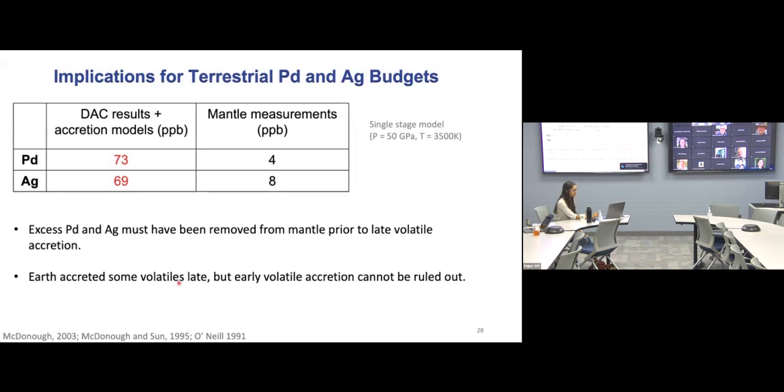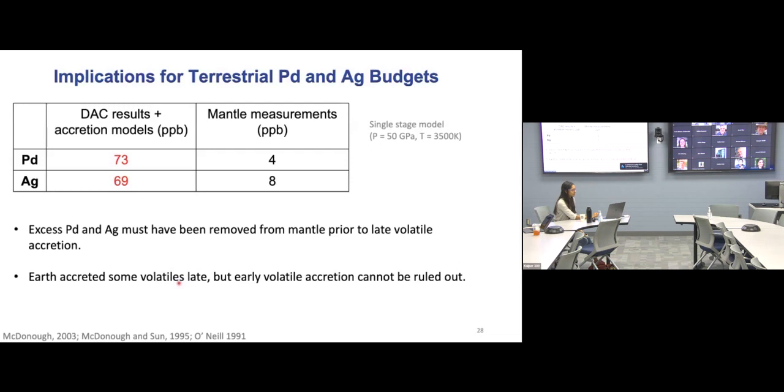But one thing that we cannot rule out at the moment is homogeneous accretion. There could have been silver and other volatiles delivered earlier in the mantle.